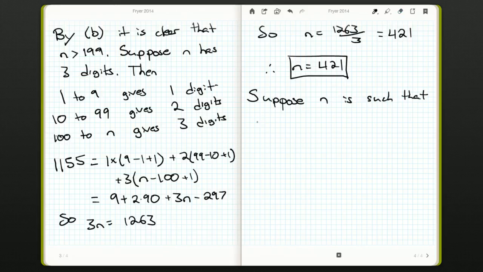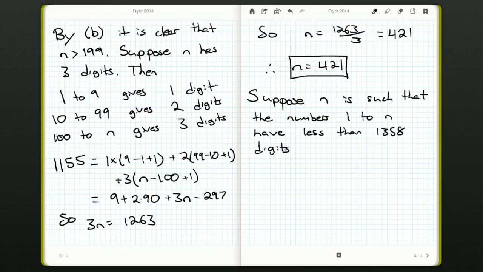Suppose that n is such that the numbers 1 to n have less than 1358 digits. So I want to pick the largest possible n, and then I'll know that I can't go any further, so it's either the next digit or the next 2 digits, but not the next 3 digits or anything like that. That's the idea, that's the thinking.